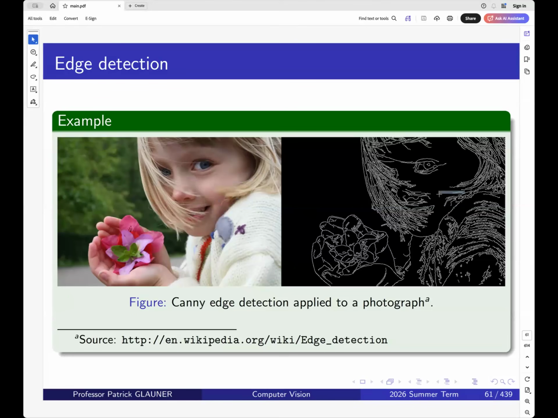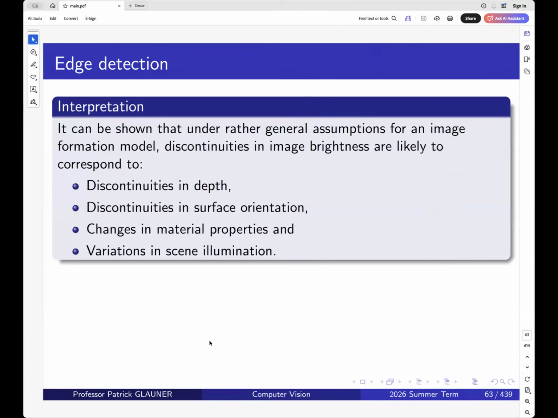You see this one here is interrupted, and we don't see the actual hair fully. So it's interrupted here, which is a challenge. And all of this needs to be considered when you build an edge detector because we have noise, we have blur, we have different focus. All of this can complicate the edge detection.